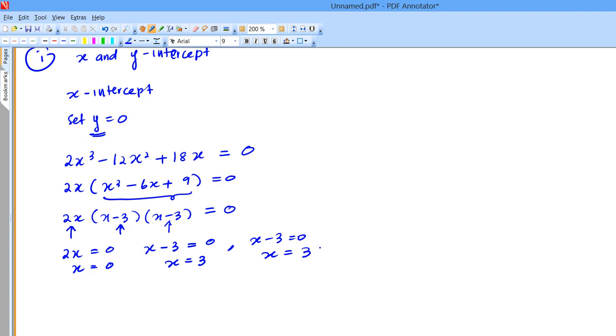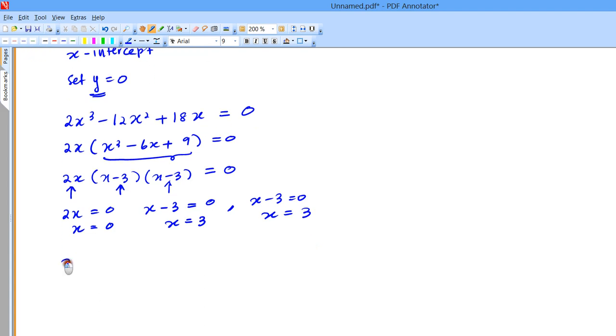So now you can conclude that x-intercept equal to 0 and 3.